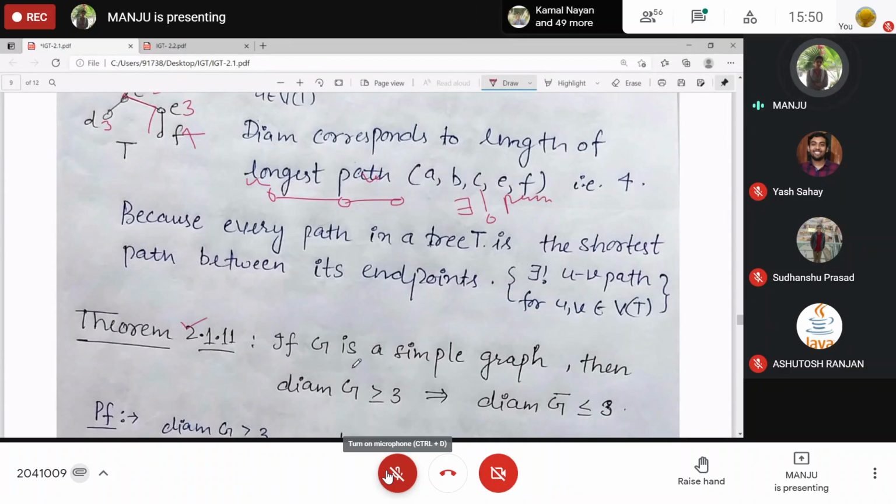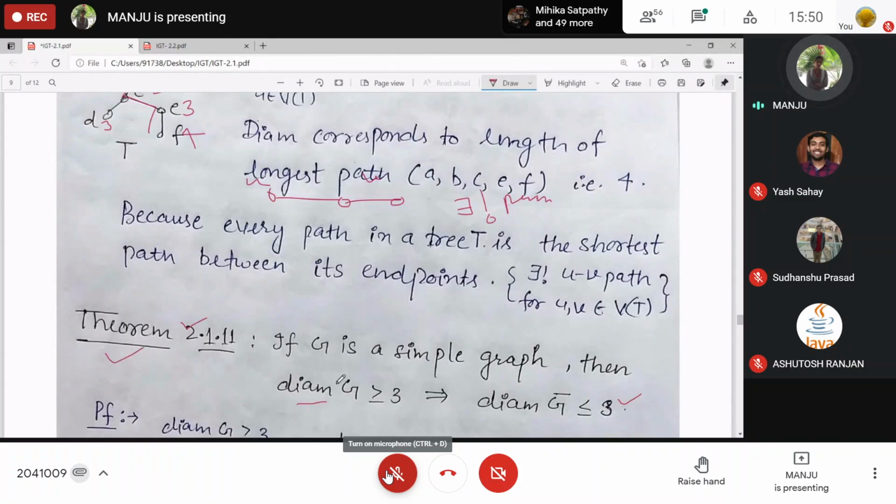Now for this one, if G is a simple graph, that means no loops are there, and its diameter is at least 3, then you can tell something about the diameter of its complement: it will be at most 3. You just remember this.